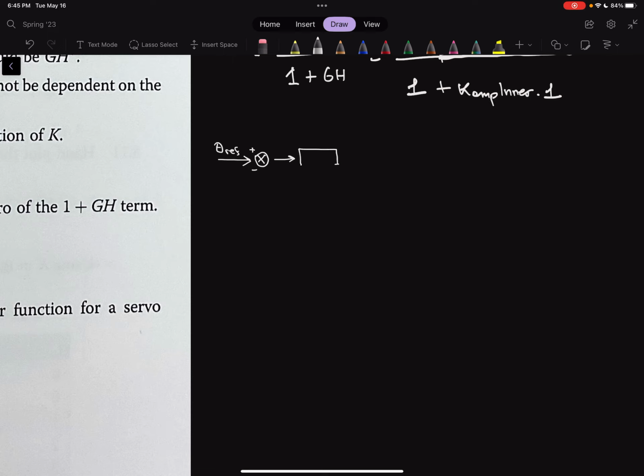Then you could have your K amp here. And then you would have what? You would have maybe a function like, I don't know, s plus 1 over s plus 3.